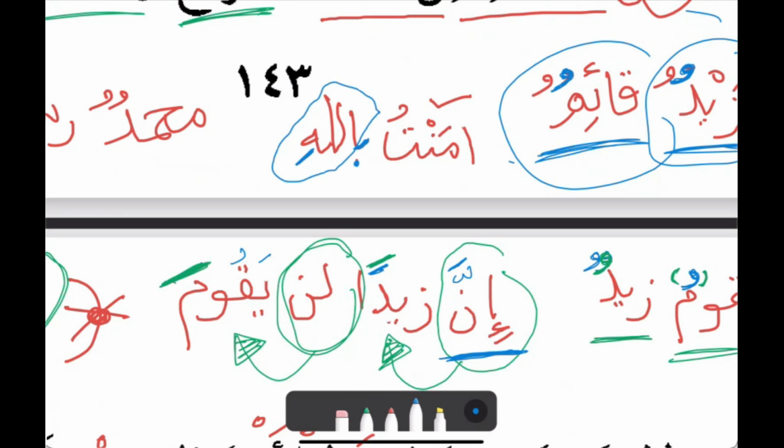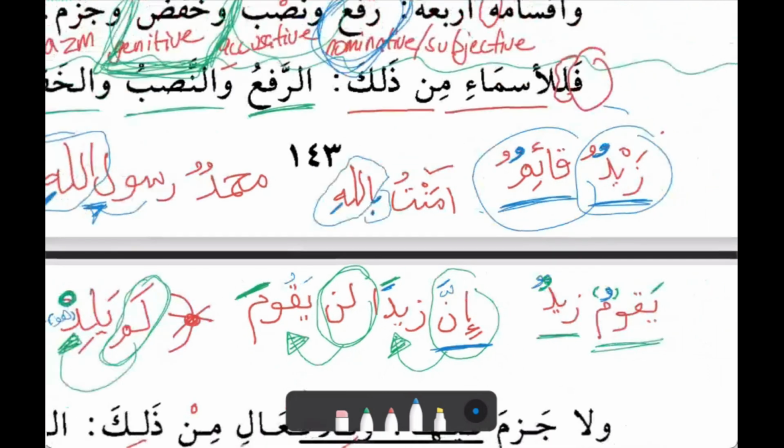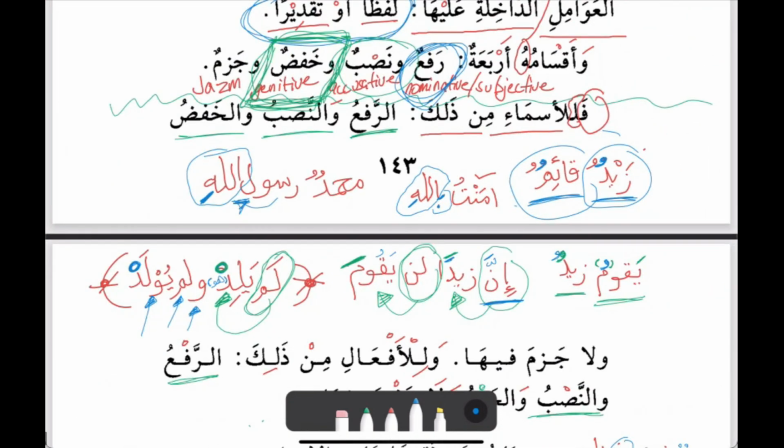Lafzul jalala, majroor. The name of God here is in the genitive case. وَعَلَامَةُ جَرِّهِ كَسْرَةٌ. And its sign of being genitive is kasra. By the ba, harf jar. Yani, majroor means object of the preposition. So that's not going to happen to a verb. Inshallah, all of that was clear for you.